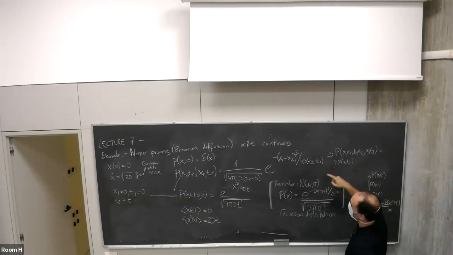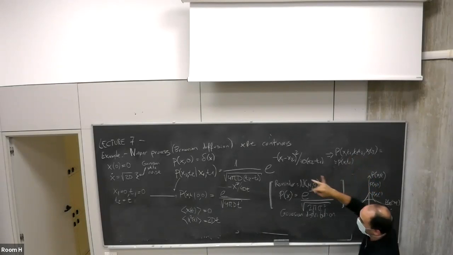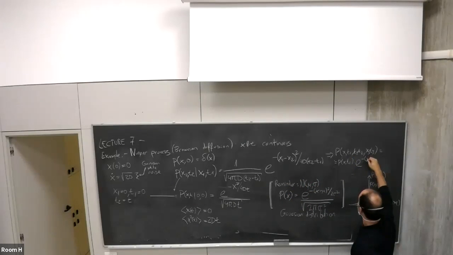There will be a Gaussian propagator with x2 minus x1 squared over 4D (t2 minus t1), divided by the square root of 4 pi D (t2 minus t1).